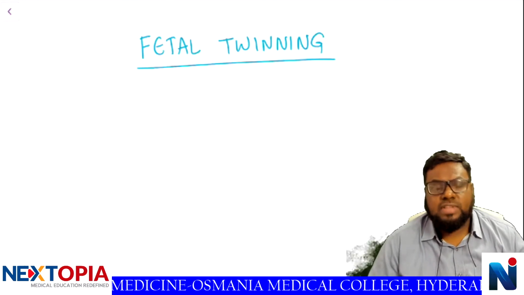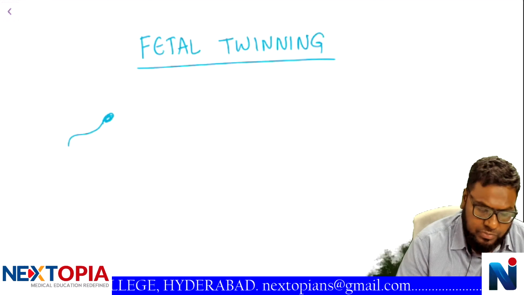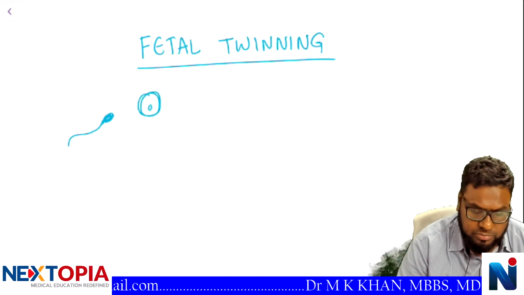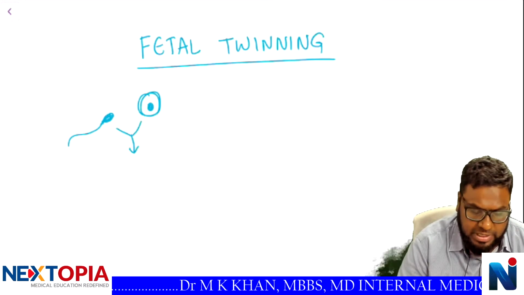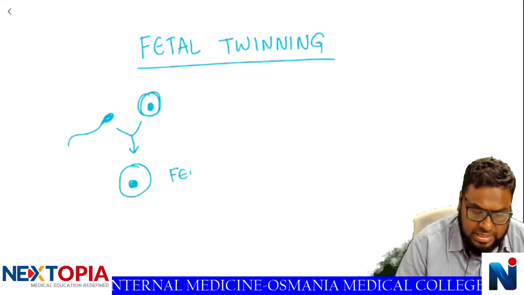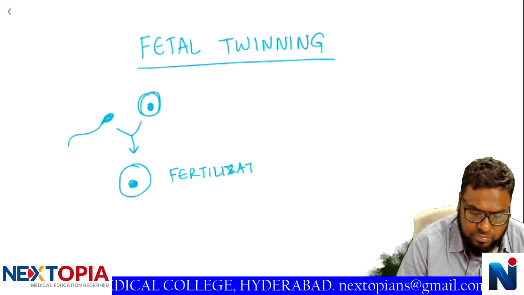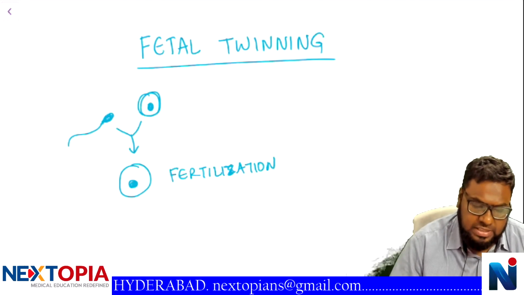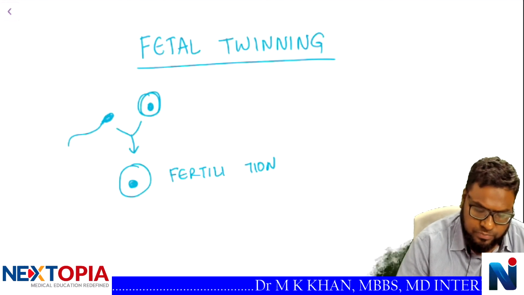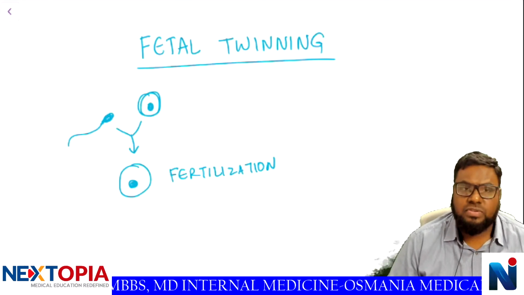See, what happens is, if the sperm, that is the male gamete, and the ovum, that is the female gamete, combine, they give rise to a zygote. All right, and the process you are calling fertilization.